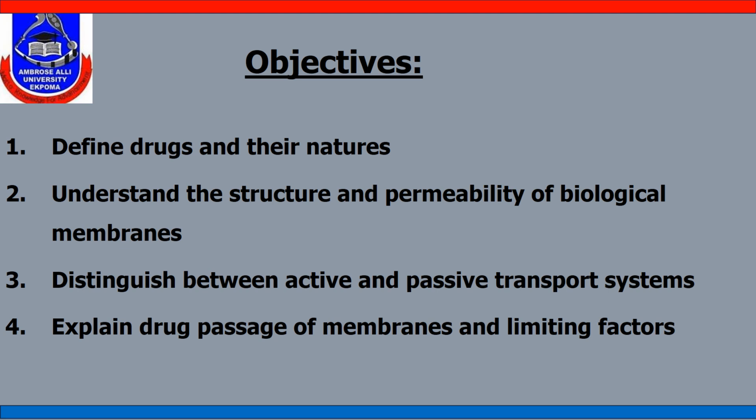Third, we should be able to distinguish between active and passive transport systems. Fourth, at the end of the lecture, we should be able to explain drug passage of membranes and the factors that limit such passages.